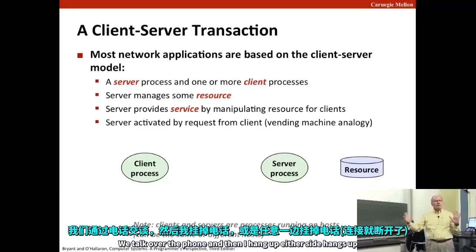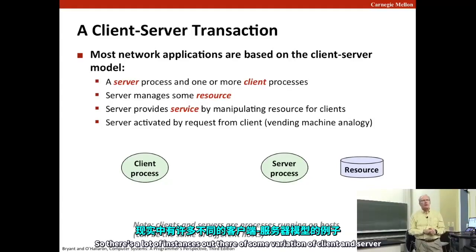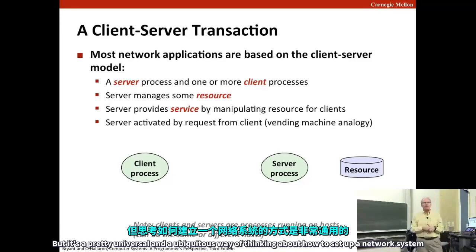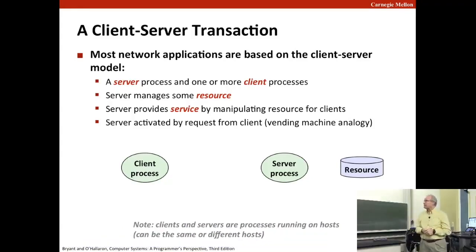We talk over the phone, and then I hang up. Either side hangs up. So there's a lot of instances out there of some variation of client and server, and it's a much richer idea in that you can often switch back and forth the roles of those two parties. But it's a pretty universal and ubiquitous way of thinking about how to set up a network system.